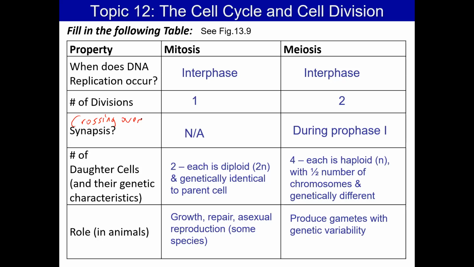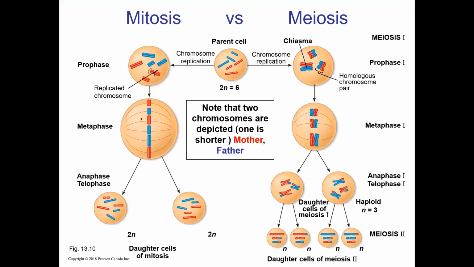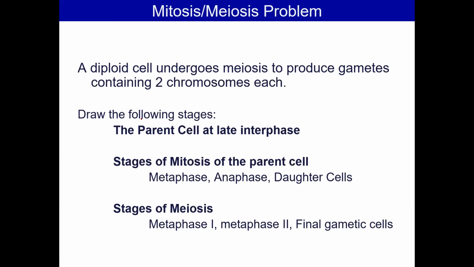Okay, so at this point, there's a mitosis question there. I was going to take a look at that one tomorrow, but just to give you an idea what the wording might look like for a question, you can see it's talking about a cell undergoing meiosis to produce gametes containing 2 chromosomes.